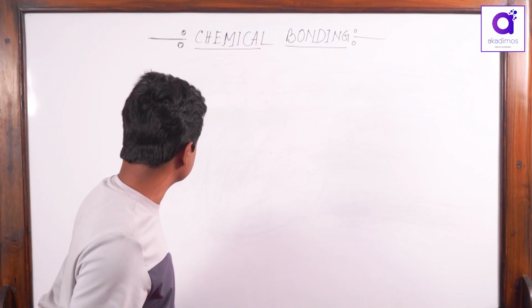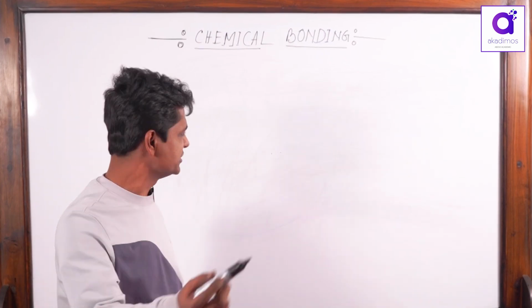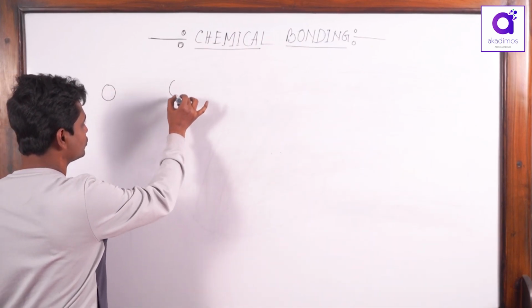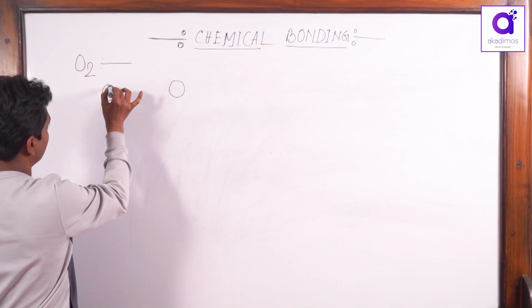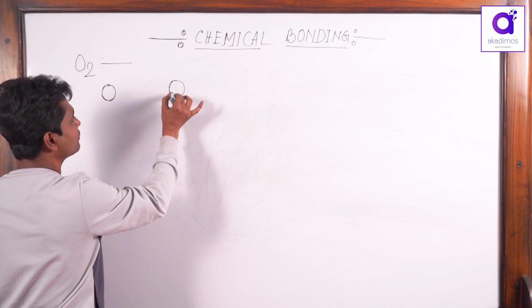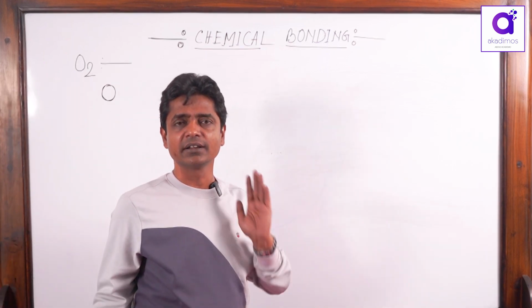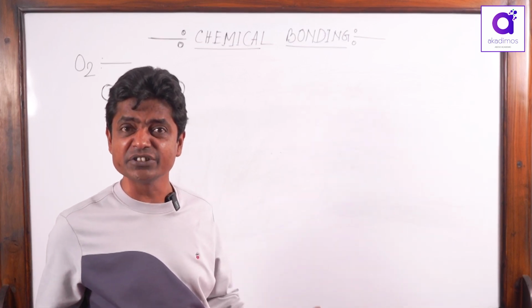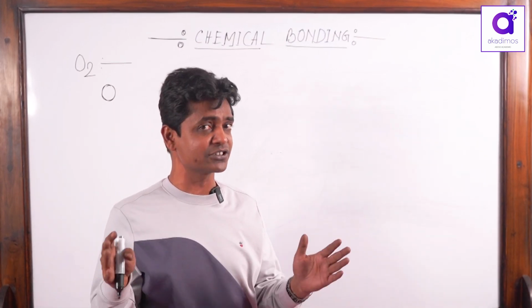Now, for example, as a simple molecule, I'm taking oxygen. Oxygen has two atoms. You know the formula of oxygen. Now I will draw the oxygen molecule. Now tell me, what is the number of valence electrons of oxygen? Six. Now tell me the number of valence orbitals of oxygen.